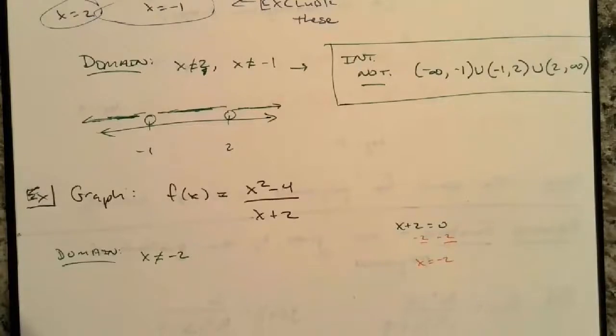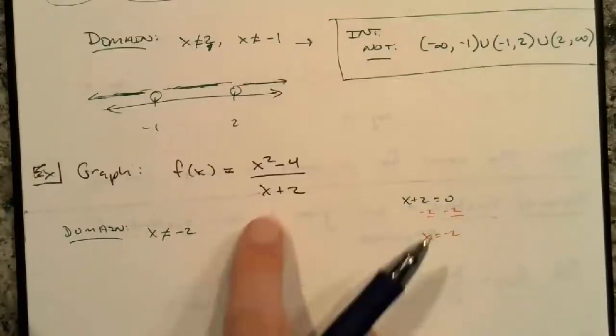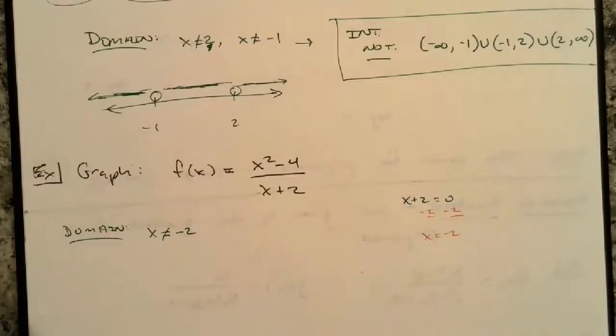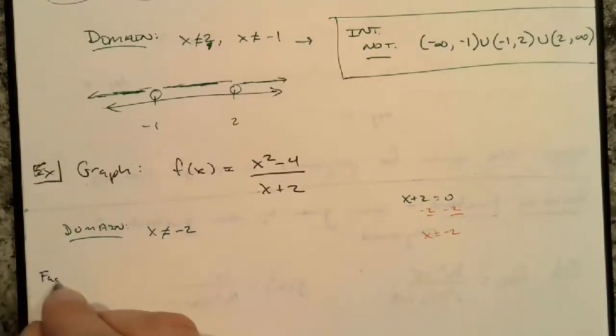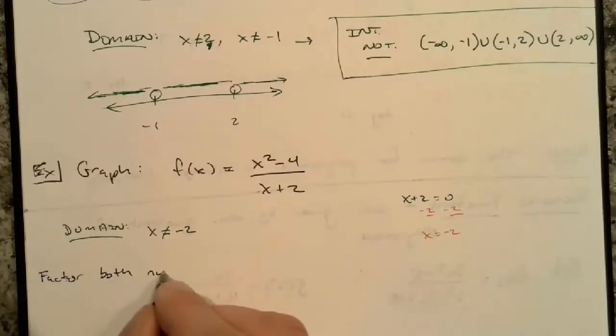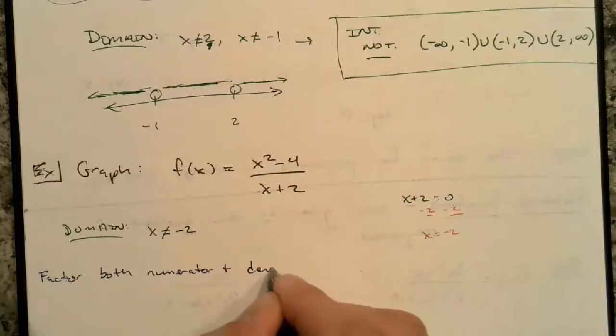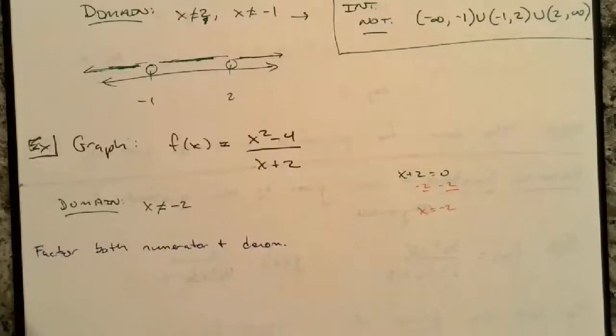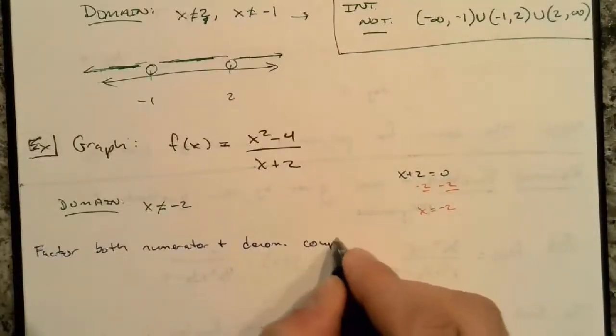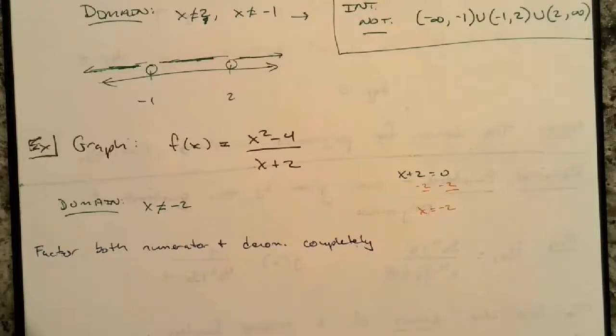Now, to graph this, before we do, I want to talk about factoring this function. So if I factor both the numerator and denominator completely, I'm left with this here, right?